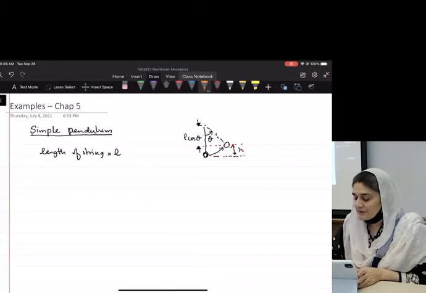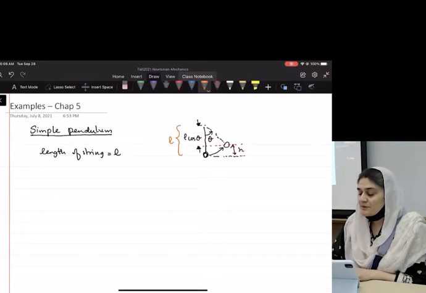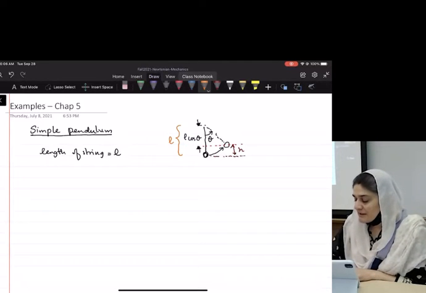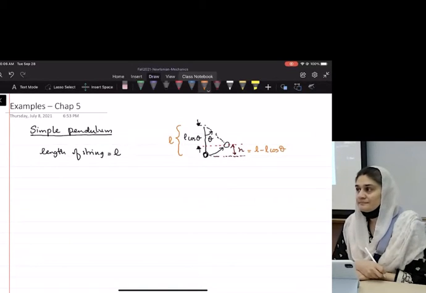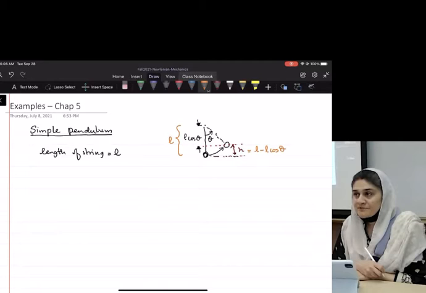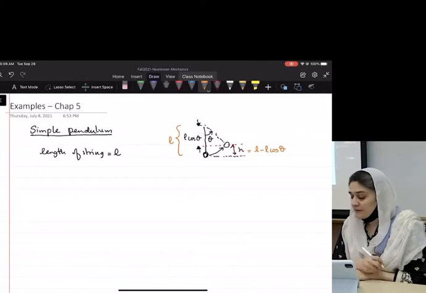And the total length of my string is L. So can I write h as L minus L cosine theta? So far, so good? Okay.